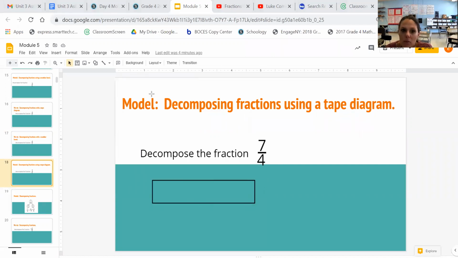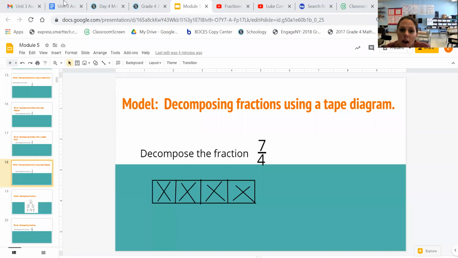I have 4 equal parts. 1, 2, 3, 4. And I'm going to color in 7 of them. Wait a minute. I don't have 7. I had 4. 1, 2, 3, 4. So I know that this fraction is bigger than a whole.